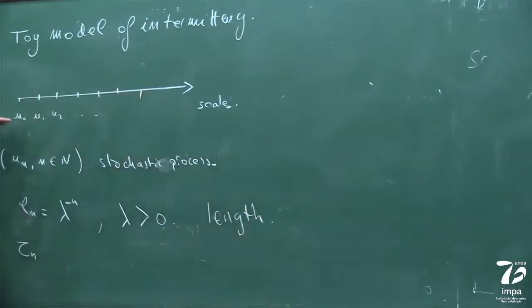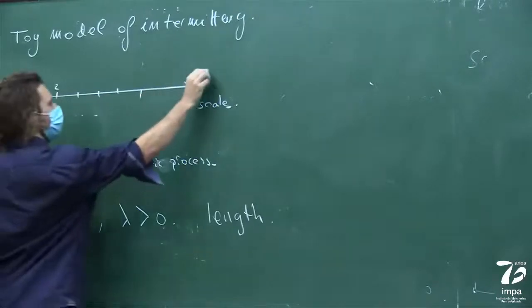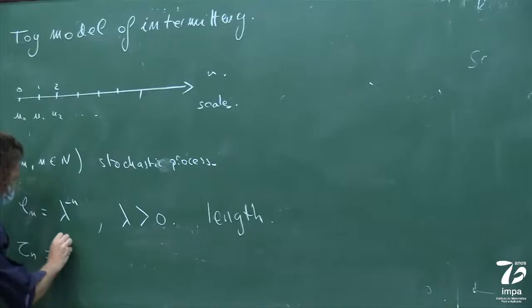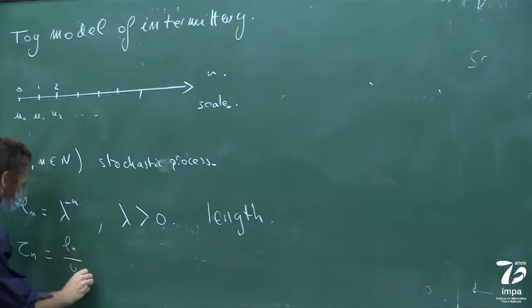And for each scale, we associate a typical turnover time tau n, which should be nothing but Ln over Un.